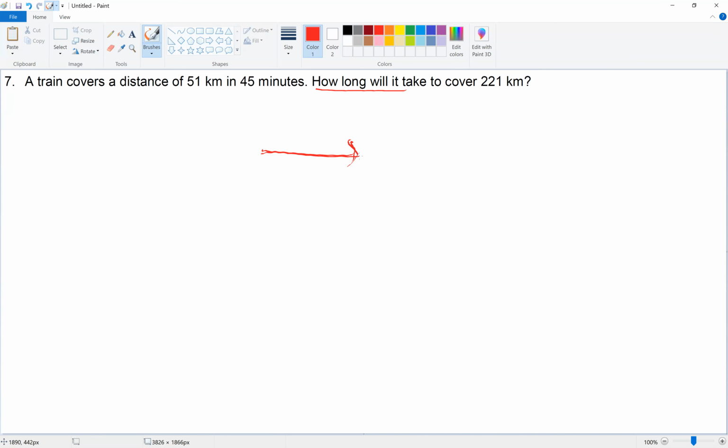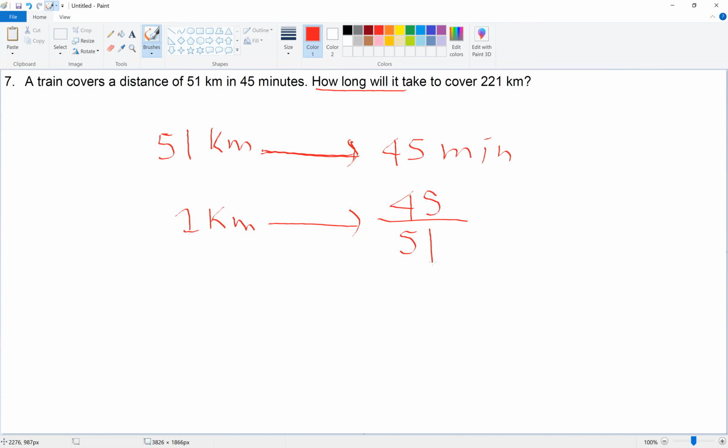The kilometer should be on the right. So 45 minutes, and then the kilometer. Okay, next step. So then I divided 51 kilometers, and I got 1.3.